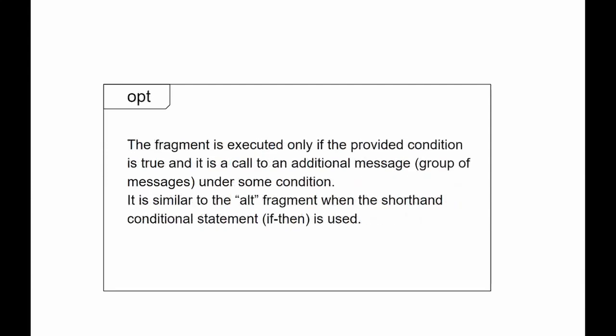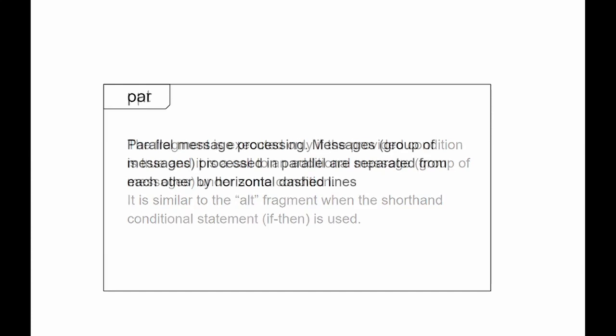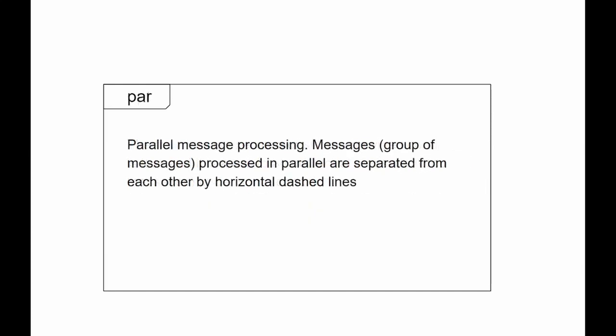Opt. The fragment is executed only if the provided condition is true, and it is a call to an additional message or group of messages under some condition. It is similar to the alt fragment when the shorthand conditional statement if-then is used. Par. Parallel message processing. Messages or groups of messages processed in parallel are separated from each other by horizontal dashed lines.